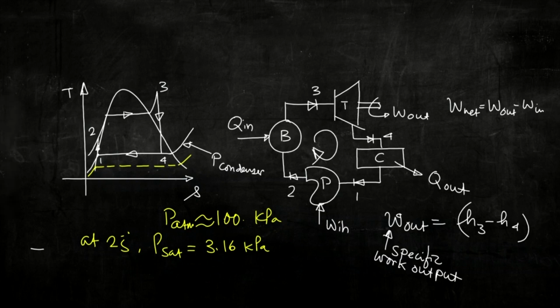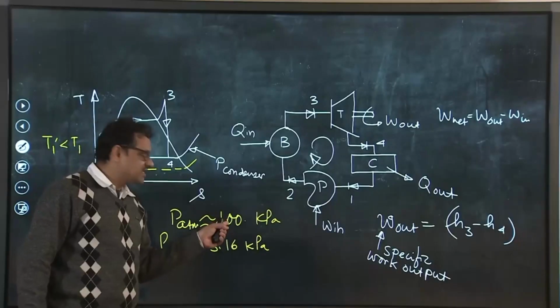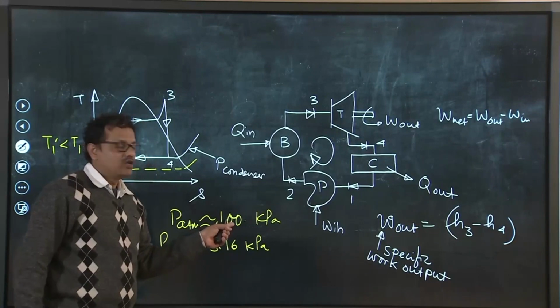So, now this is 1 prime. So, the temperature of 1 prime, you can understand that T1 prime is less than T1, and the corresponding saturation pressure also will be less, and not only less, this is substantially lesser than the atmospheric pressure.